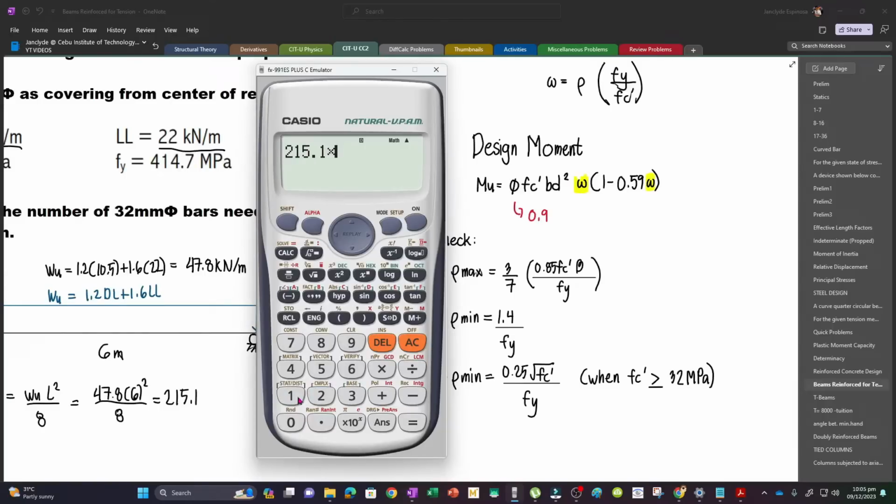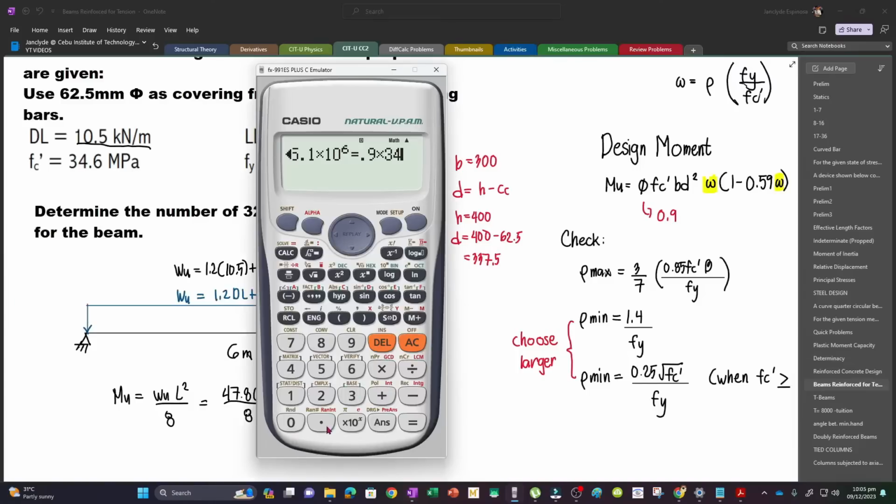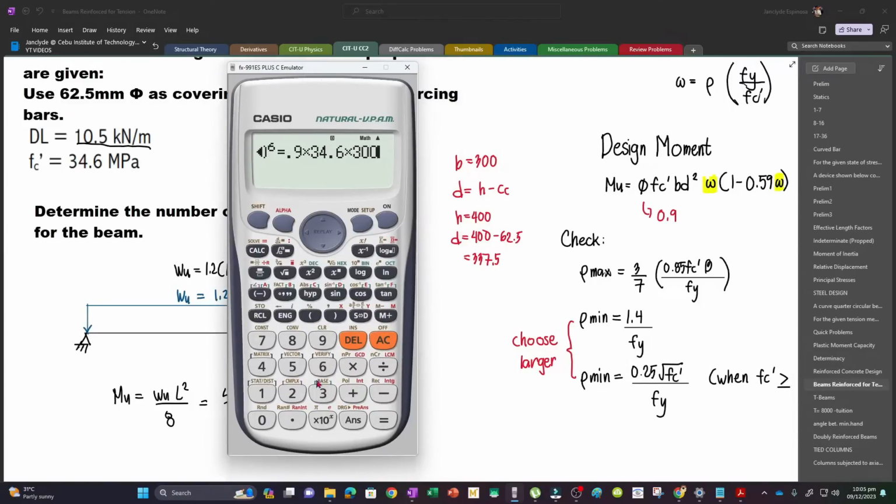And so balik ta. 215.1 times 10 to the power of 6 is equal to phi fc' 34.6 times bd squared. Ang b na to, 300, and then atong d kay 337.5, squared po ni. And then times the tension reinforcement index, then 1 minus 0.59 omega.